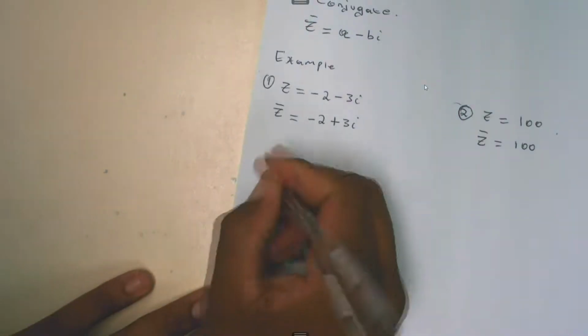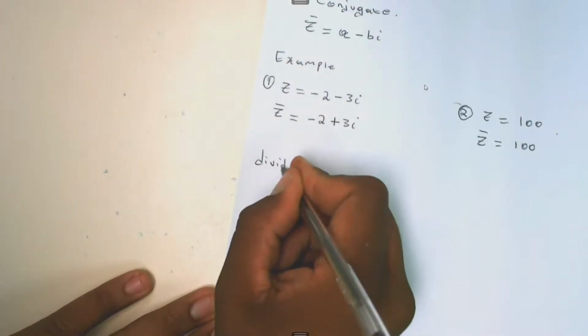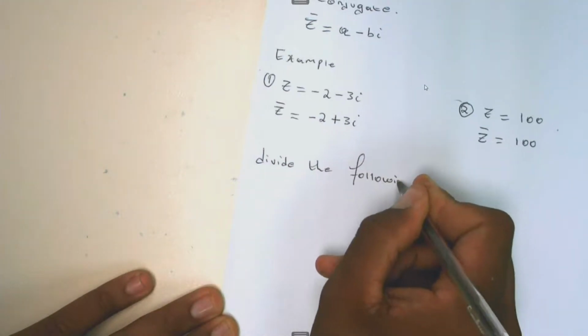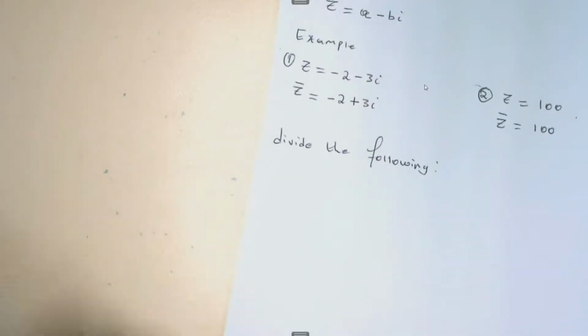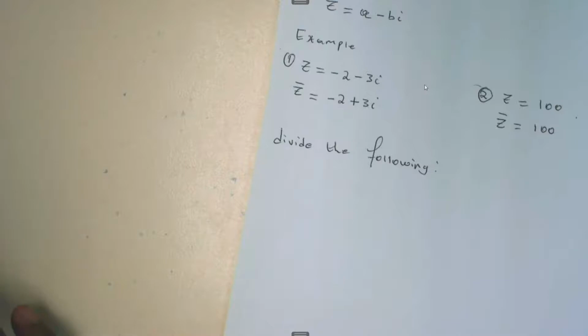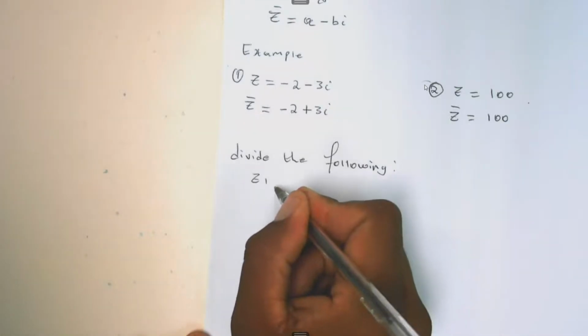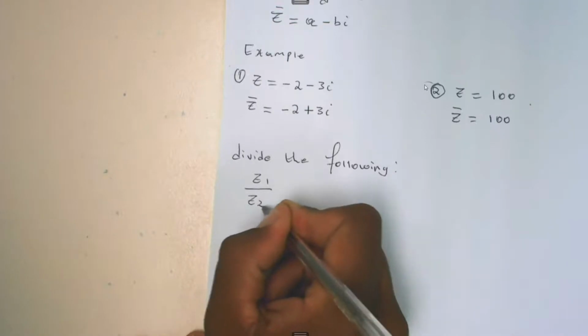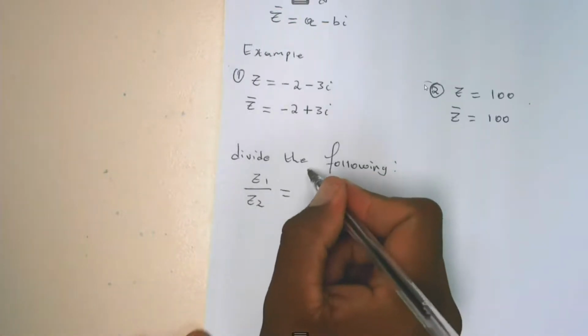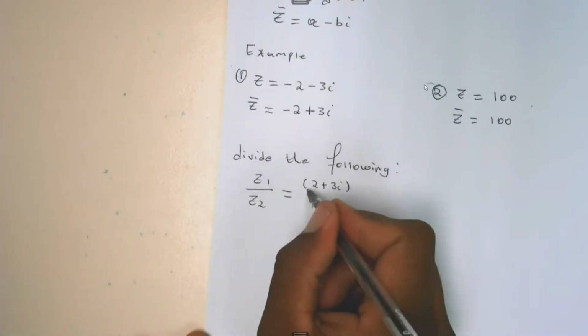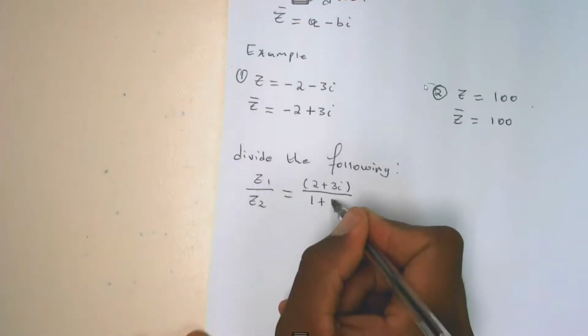So, under division, we can say divide the following. We have Z1 divided by Z2, which will be 2 plus 3i divided by 1 plus 2i.